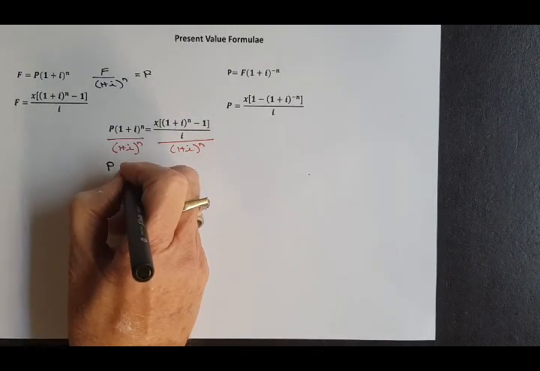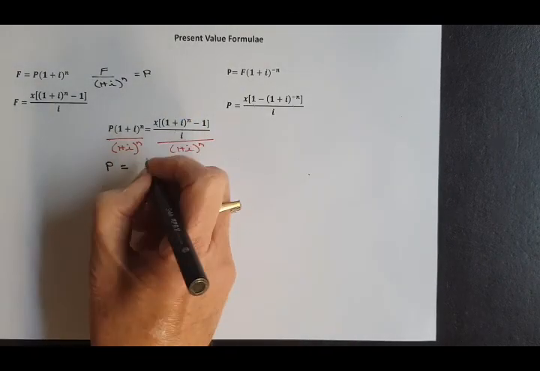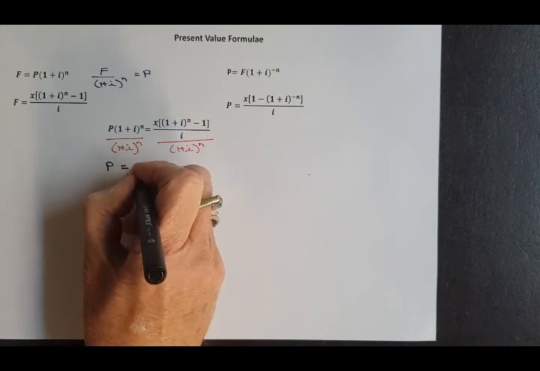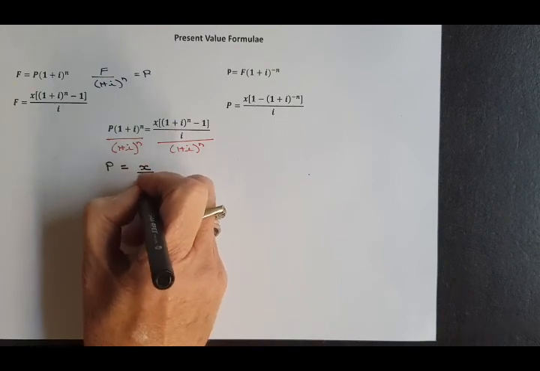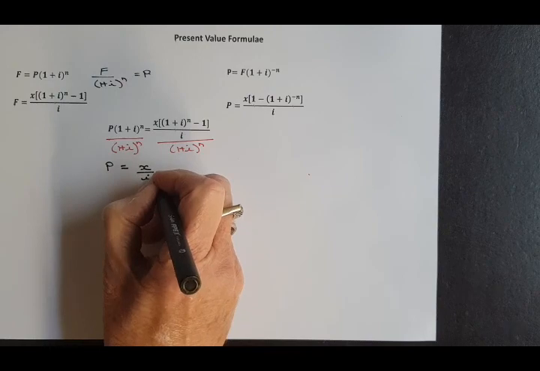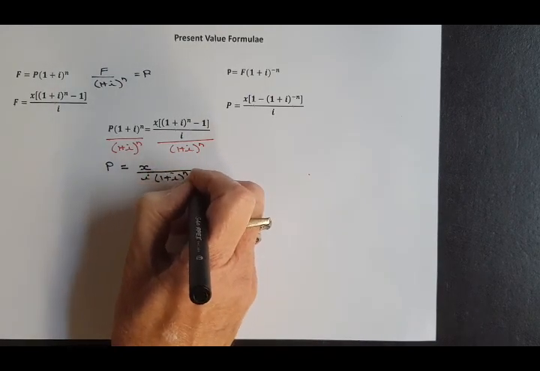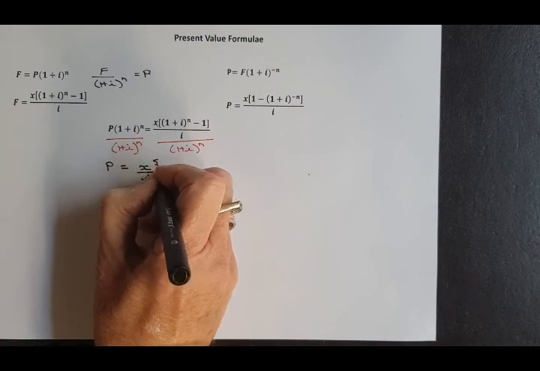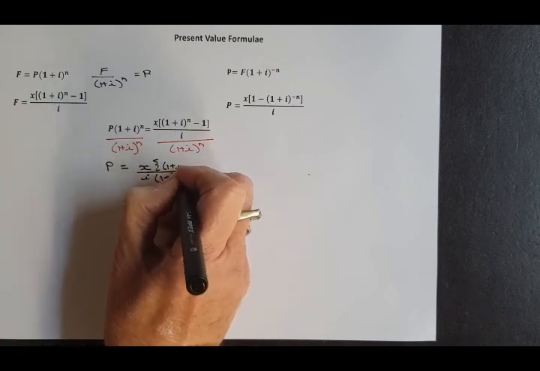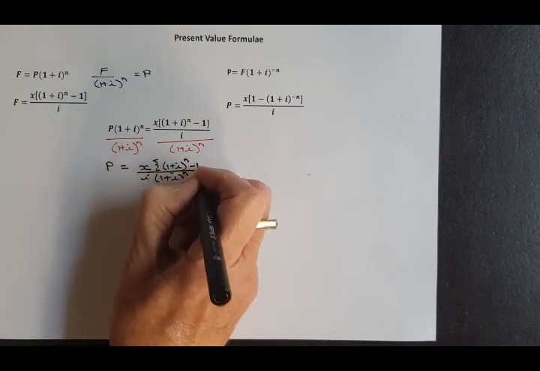It would be equal to, let's simplify this a little bit, x over i, (1 plus i) to the power of n, and your bracket would be (1 plus i) to the power of n minus 1.